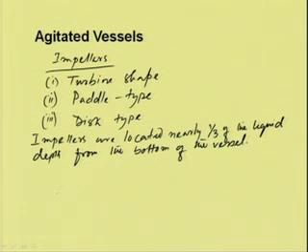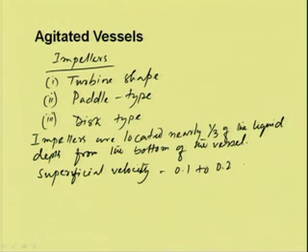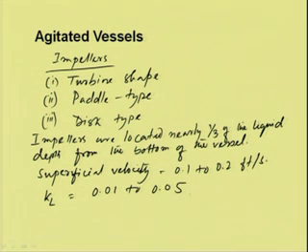The superficial velocity is usually kept low, in the range of 0.1 to 0.2 feet per second, and the mass transfer coefficient generally lies between 0.01 to 0.05 centimeter per second, and the interfacial area in general is around 1 to 2 centimeter square per centimeter cube.